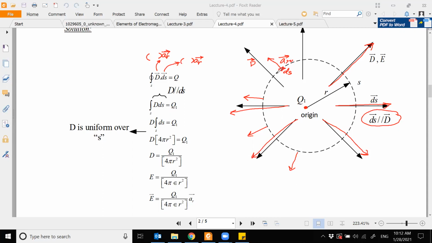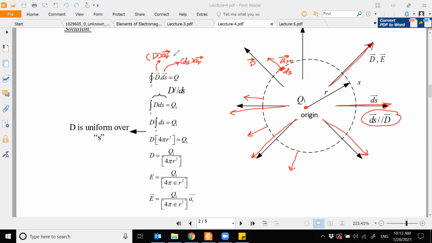They are parallel. So the dot product of these two, I can simply replace by multiplication and remove the vectors, because AR dot AR will become 1. So this part which is unknown, I am naming it as D, and this part which is your elemental surface value, I'm naming it as dS.